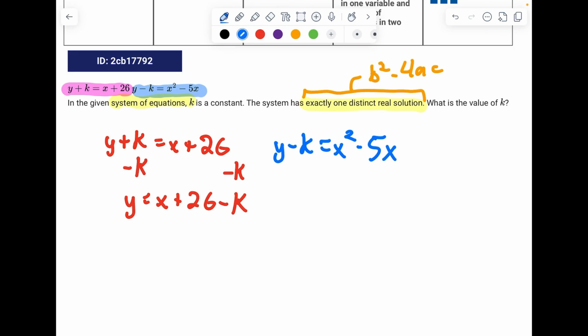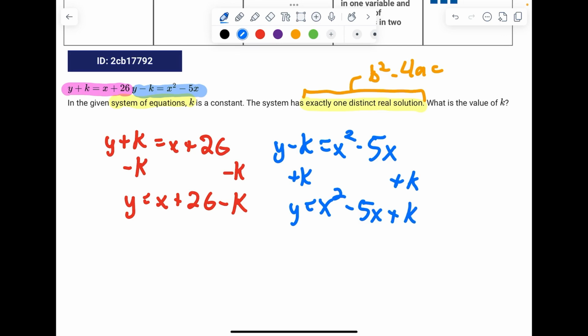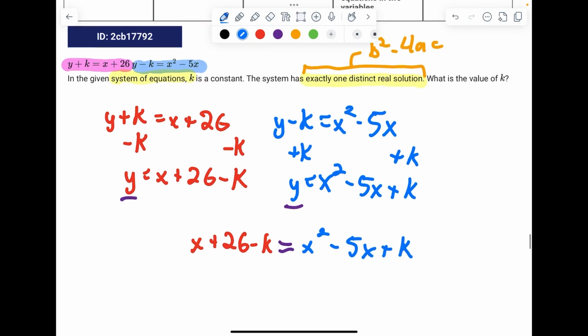And in this one, I'm going to add k to both sides, and I get y equals x squared minus 5x plus k. Now I'm going to set these equal to each other, and I'm going to have x plus 26 minus k equals x squared minus 5x plus k.